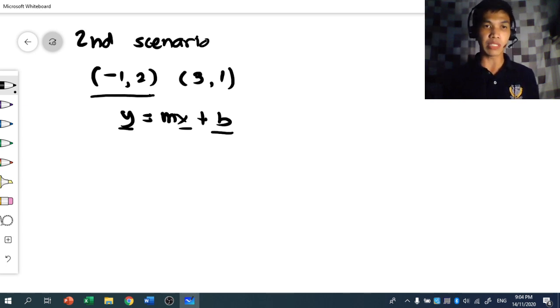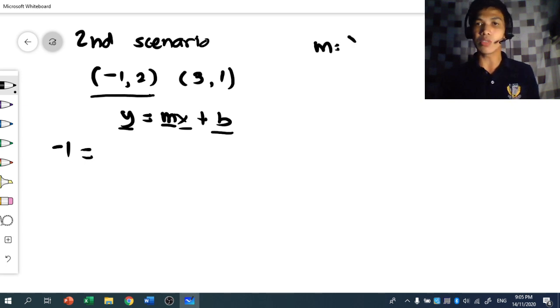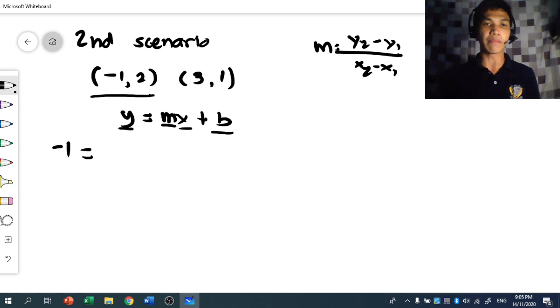So, it will become -1 is equal to, next, you can see m, which is your slope. So, in order to have your slope, we must use the formula m is equal to y sub 2 minus y sub 1 over x sub 2 minus x sub 1. Okay, so this is my first, and this is my second ordered pair.